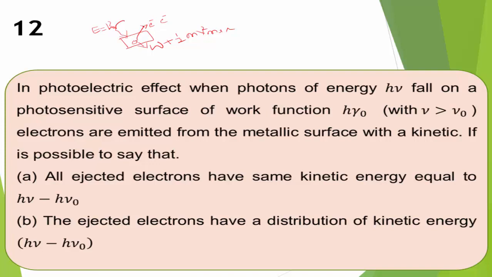Do all these ejected electrons have the same kinetic energy equal to h nu minus h nu naught? No. The ejected electrons have a distribution of kinetic energy, with a maximum of h nu minus h nu naught. Here the option B is the right answer.